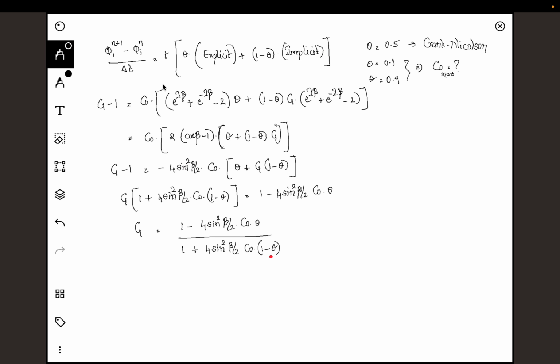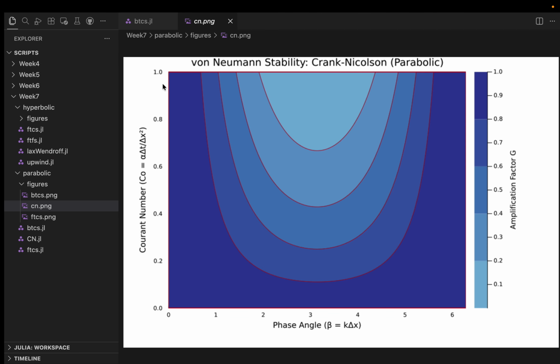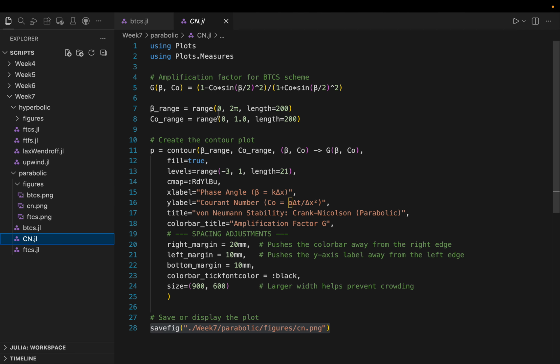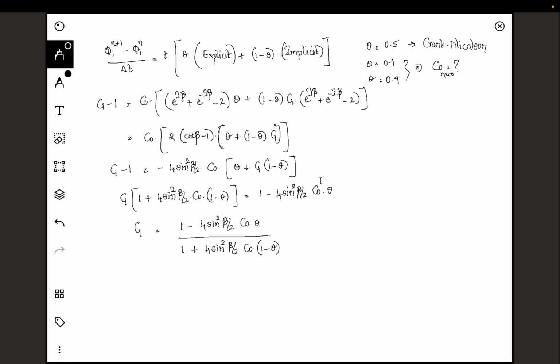And when theta becomes 1, this particular term will go to 0, and this quantity will be the same as whatever we got for the explicit. So we can vary these values of theta and determine the values of this accordingly. So let's say we keep, there is a 4 missing here.